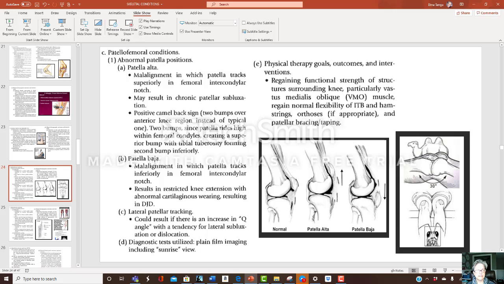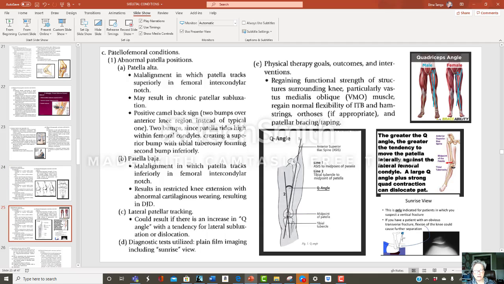Okay. Patella baja results in restricted knee extension with abnormal cartilaginous wearing and resulting in degenerative joint disease. Lateral patellar tracking could result if there is an increase in the Q angle.